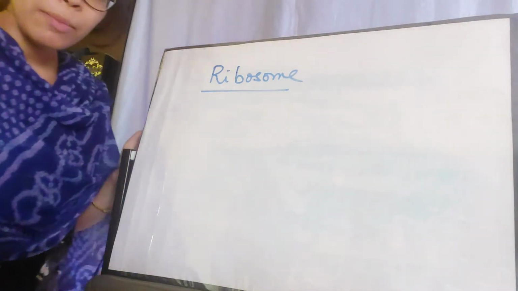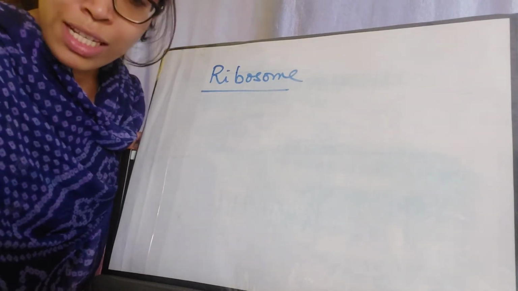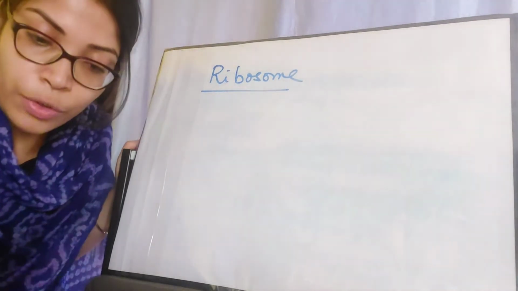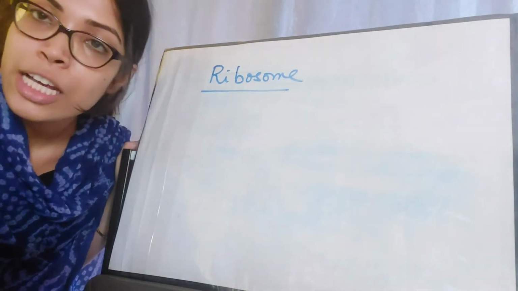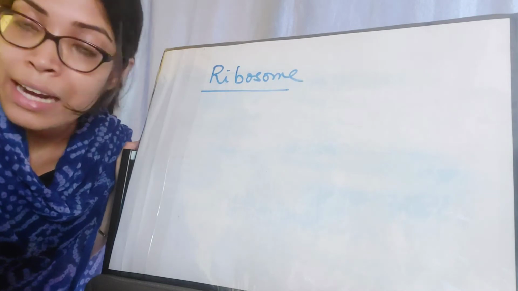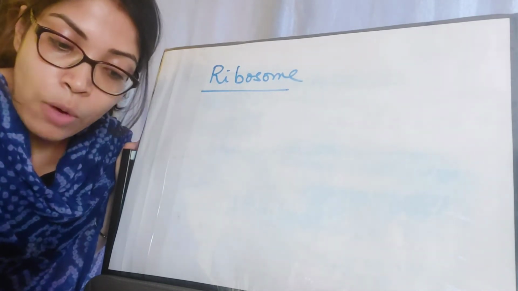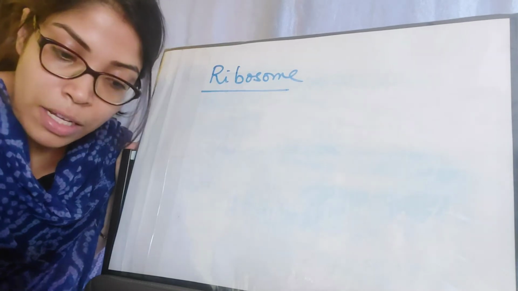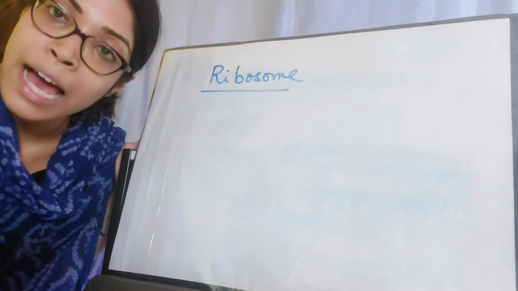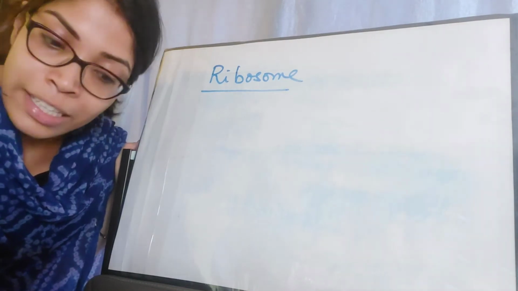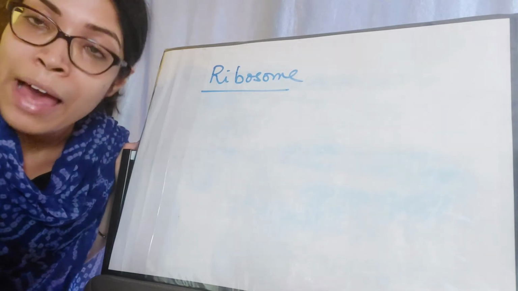Now going into the details of ribosome. First, talking about the definition. The definition says the minute spherical structures of ribonucleoprotein present either freely in the cytoplasm. So let's note where the ribosomes may be found. They are found freely scattered in the cytoplasm, or they may be present in the matrix of mitochondria and chloroplast, or they may remain attached on the outer membranes of endoplasmic reticulum and nucleus.